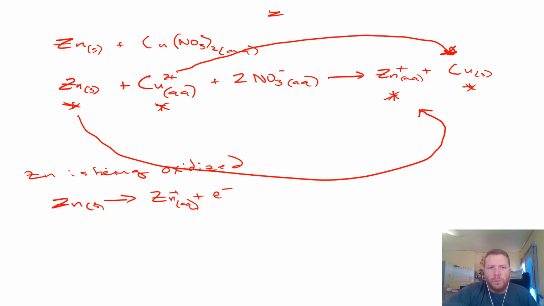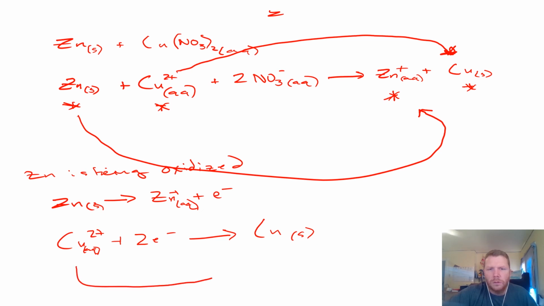Now Cu2+ has to add 2 electrons to make Cu solid. Therefore, what's happening to the Cu2+ ions? They are getting reduced.